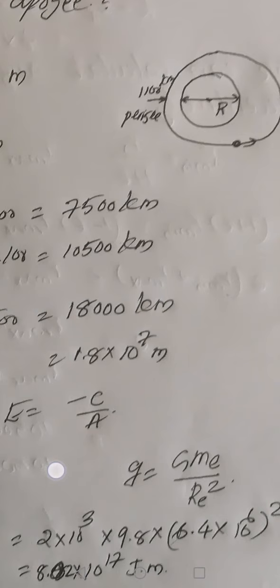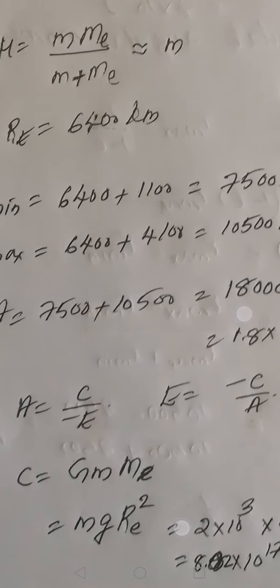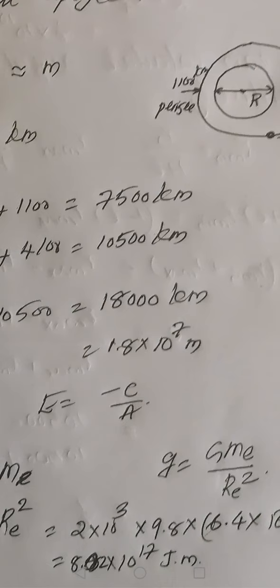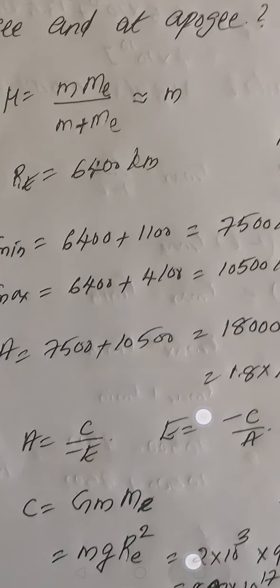From there you get mg is equal to G m1 m2 by r square, so g is equal to G m by r square. So GMe is small g into r square, that is g re square, where r is the radius of earth.